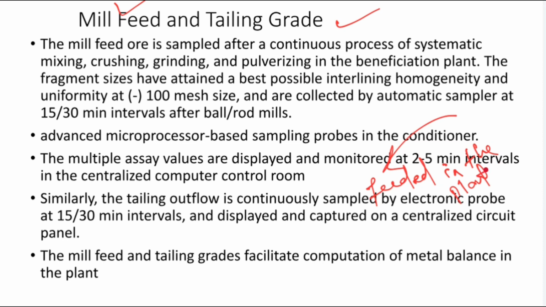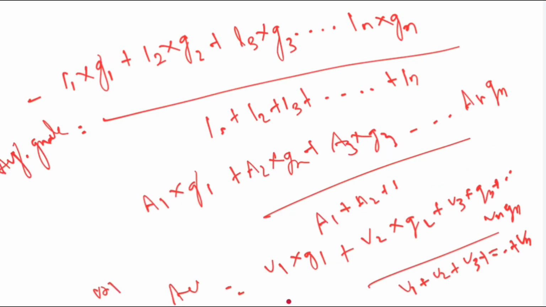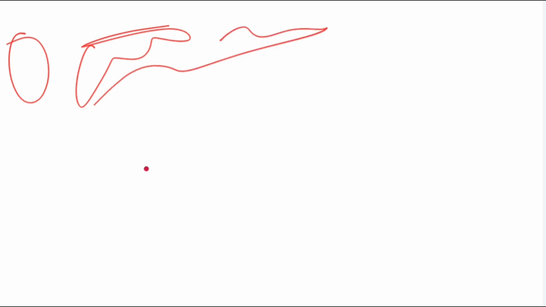In the plant, what do they do? Some plants take crushed product, or some plants crush their own ores. Okay, like mines after extracting the ores are like big blocks. So what they do, they screen according to size, and if the mine has a crusher, then they crush according to size.